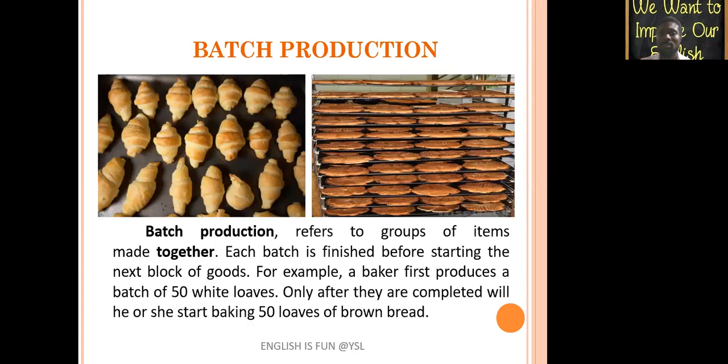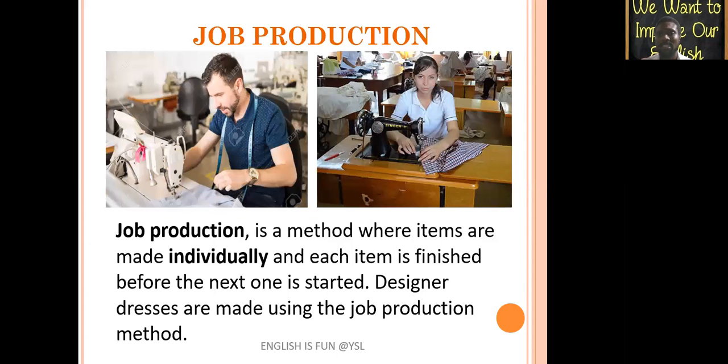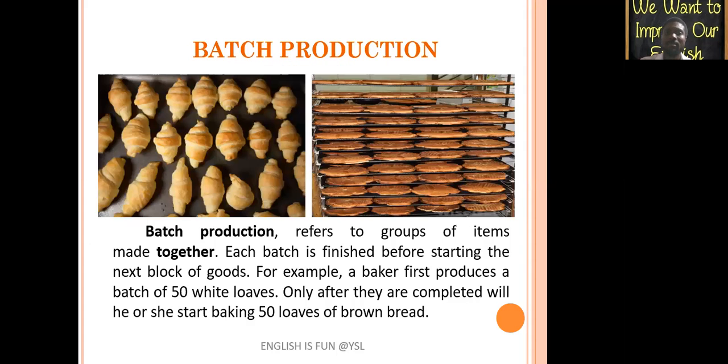Unlike in job production and batch production, whereby items are made successively. Items are made individually in job production, and in batch production, items are made in groups, in specific numbers depending on sales. As a business person, you also have to put sales into consideration. If your business is really moving quick and fast, you have to follow the drill in that sense, and base your production on your sales.